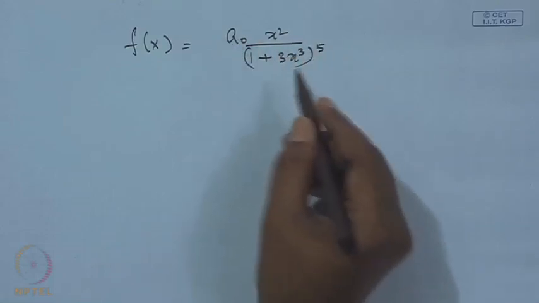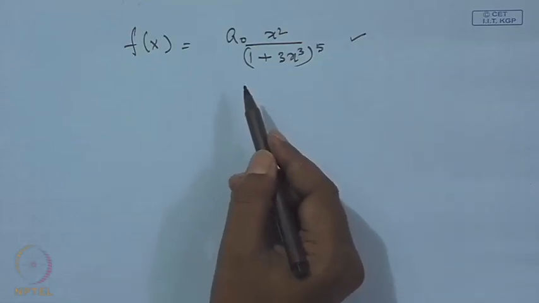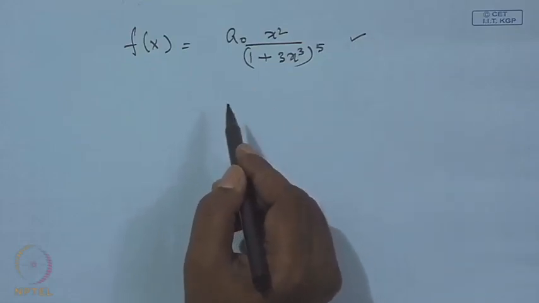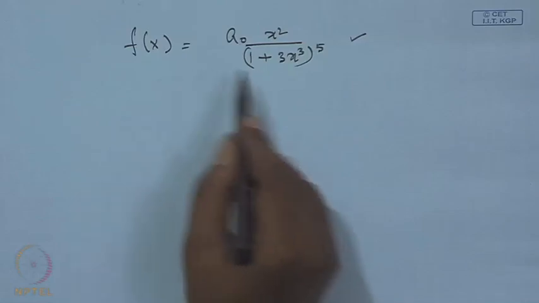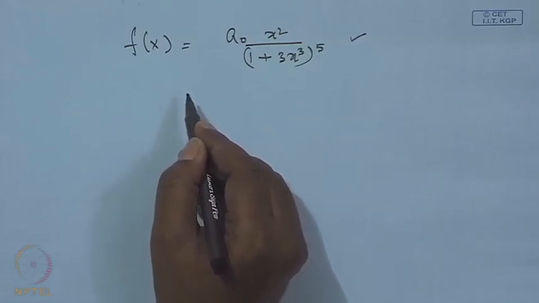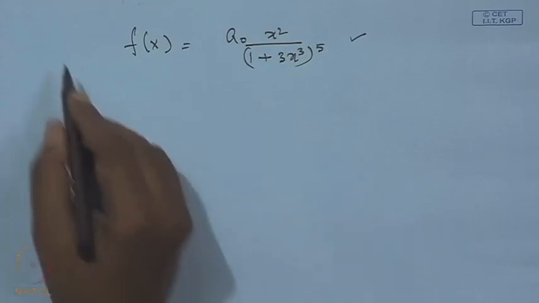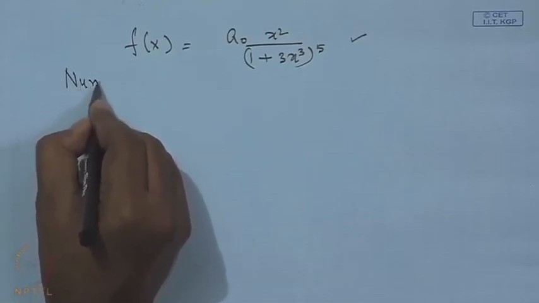If it is a complicated function like this, one cannot do the integration by parts, one has to do a numerical integration to evaluate the integral 0 to 1 f of x sin n pi x dx. That integration has to be evaluated numerically in one step.